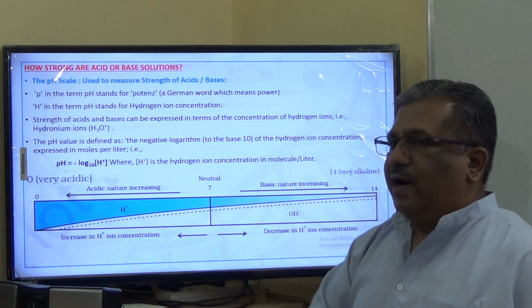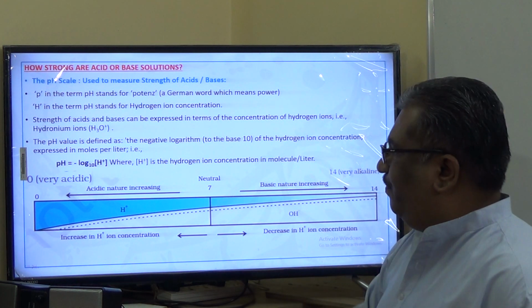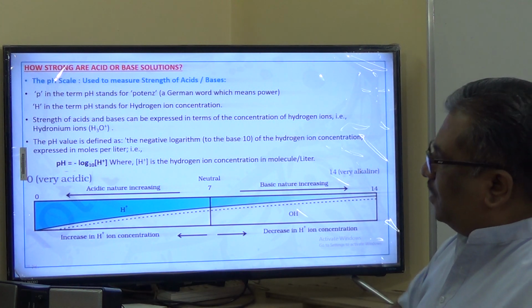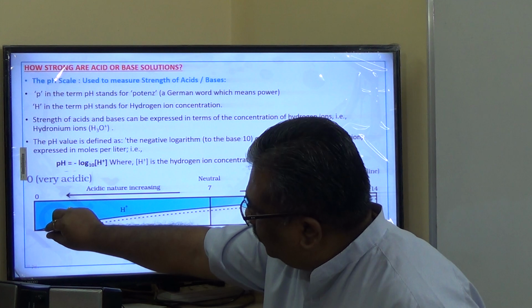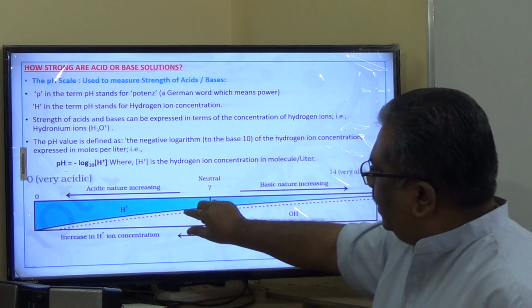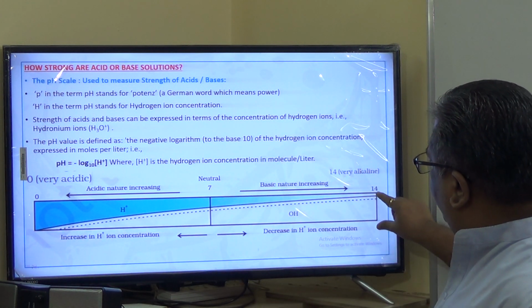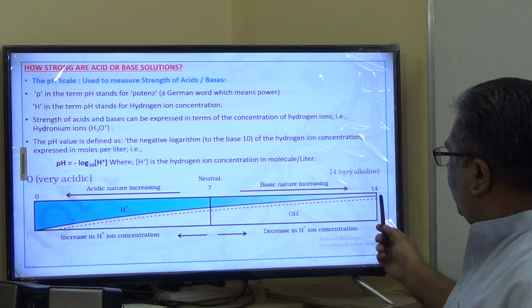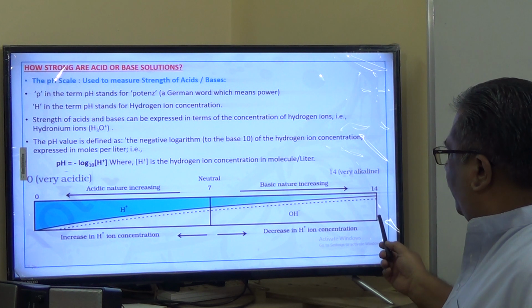Coming to hydroxide ion concentration, here to here, the white region, if you concentrate, hydroxide ion region is slowly and gradually increasing like this. Here it is maximum, here it is less, meaning hydroxide ion concentration is maximum over here.